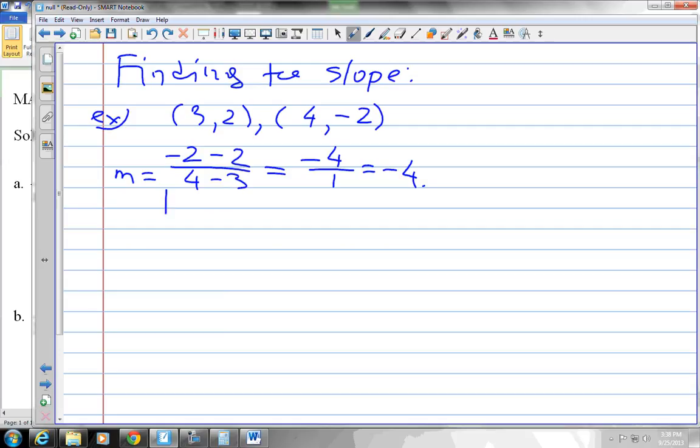So I can actually do a quick graph of this line. I can plot these 2 points. But if I just use, let's say, the first point, (3, 2), the slope of -4 means it goes down 4 and over 1. So that's the line. Well, close enough, right?